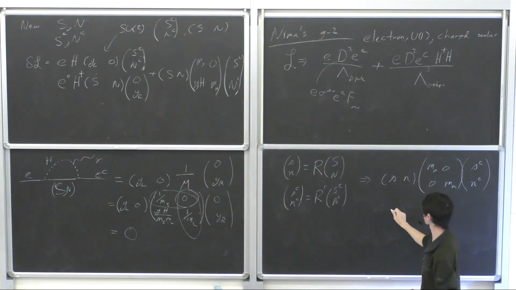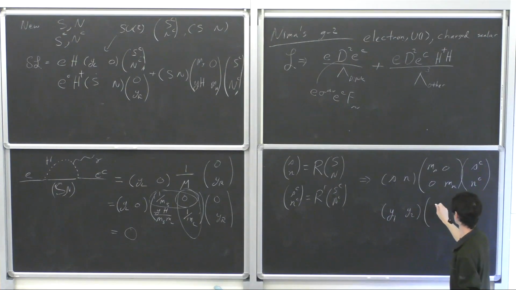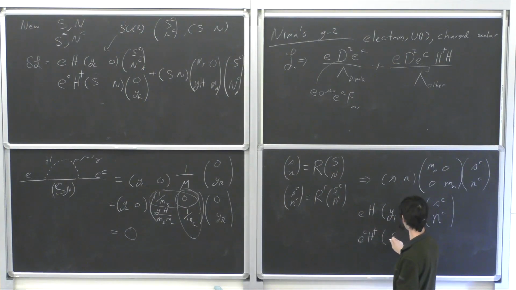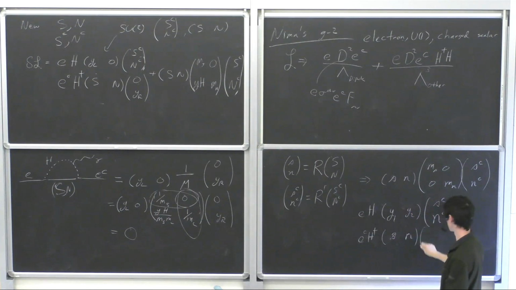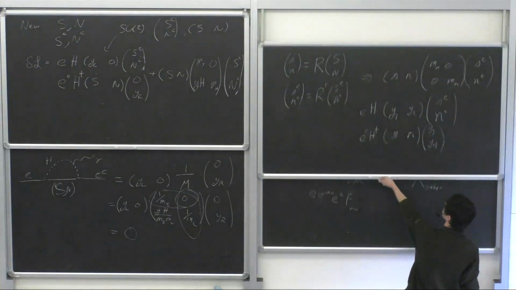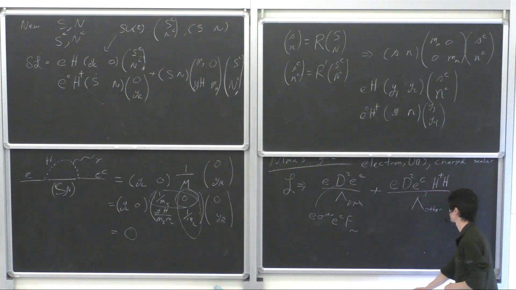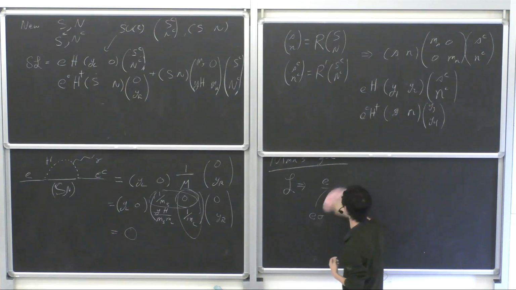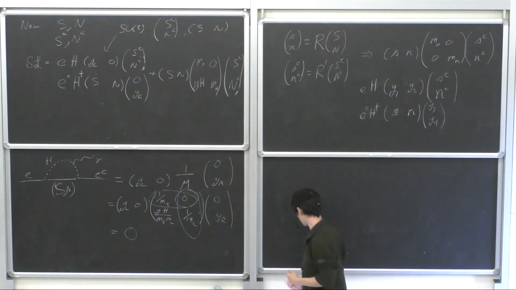So we get y1, y2 times S conjugate, n conjugate, E conjugate H dagger, S n, call this y3, y4. Okay, I've erased a lot of the stuff I shouldn't have. Oof. Oh well. Let's commit to a bad decision.